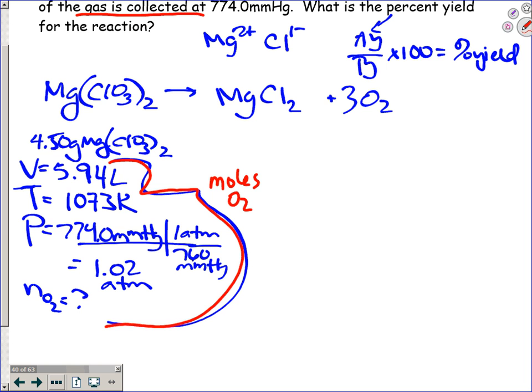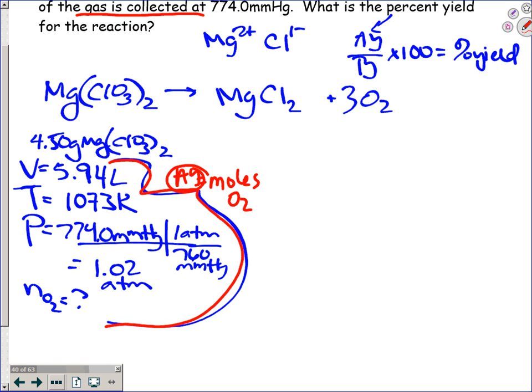You would convert the 4.50 grams of magnesium chlorate using stoichiometry to what? Well, it's got to be the same units, right? Moles. So put ideal gas law, something like that. I've kind of bracketed mine off, but this is going to give me actual yield. This is what the student did in the lab.